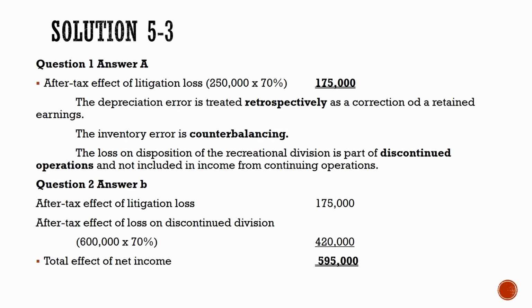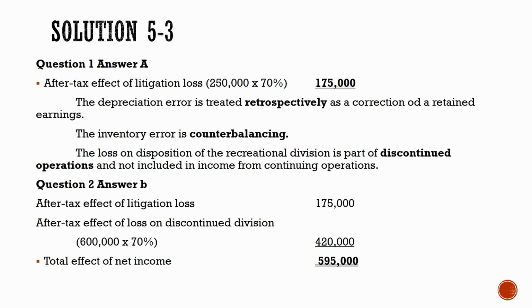So, for the first question in this problem, ang hahanapin natin ay yung income for continuing operations for 2021. Yung depreciation ay hindi siya kasama sa pagkuha nun kasi ang depreciation error is treated retrospectively as a correction for retained earnings. Yung litigation for settlement na sabi dito ay nagresulta daw sa loss na 250,000. Yes, kasama siya sa pagkuha nun. Tapos sabi sa problem, the income tax rate daw ay 30%.